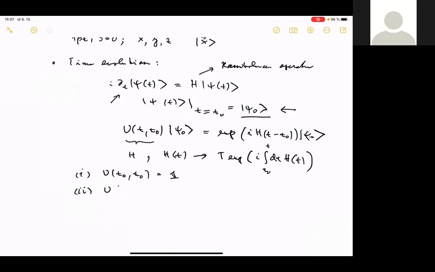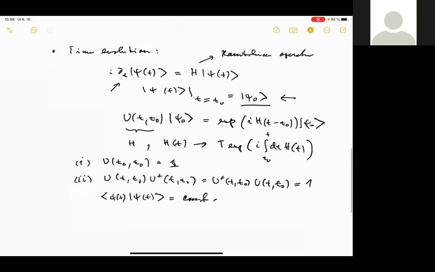That means U dagger(t, t0) U(t, t0) should be 1. This is an important property because it expresses the conservation of probability. That means that the norm of the vector psi(t) is conserved. Constant, independent of time.